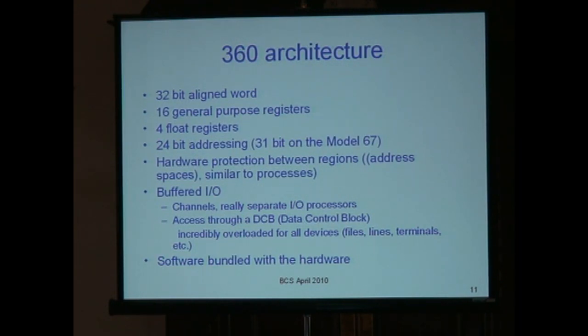And even I can remember when I joined IBM in 1968, someone saying we're using up a bit of addressing every year. So by '72, we're going to be out of address space. And actually, that's almost exactly what happened.